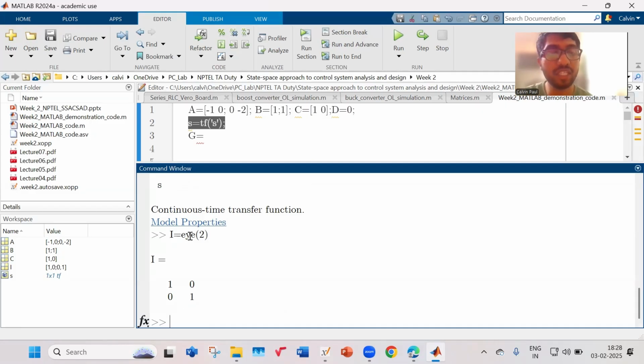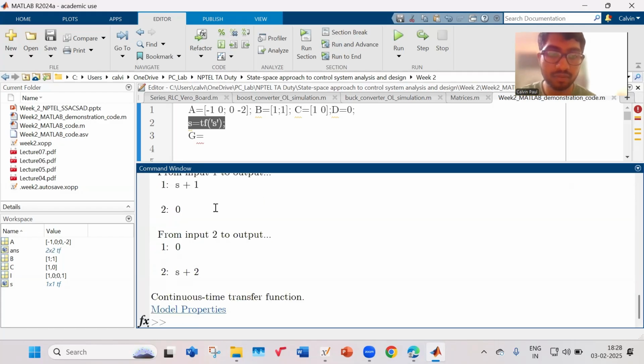It should be a unity matrix with 2 rows and 2 columns, a square unity matrix of dimension 2. So now s into I minus A.